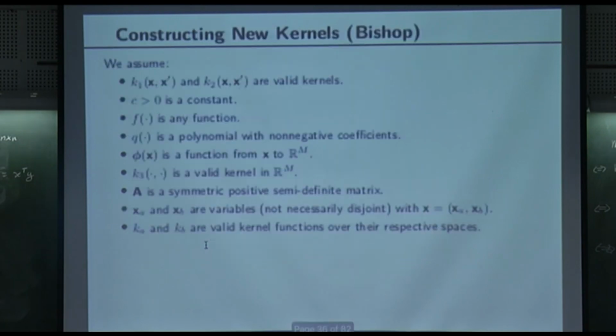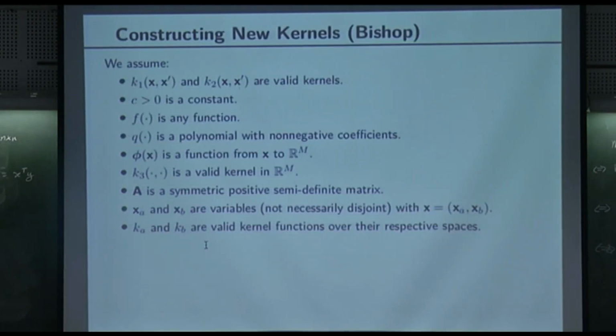All right, so how do we construct kernels? So here's basically the story. Yeah, we have time. We can finish at the end of constructing kernels and then we'll start again. So suppose let's consider these rules. Suppose I've been given 2 kernels to begin with, k1(x, x') and k2(x, x').